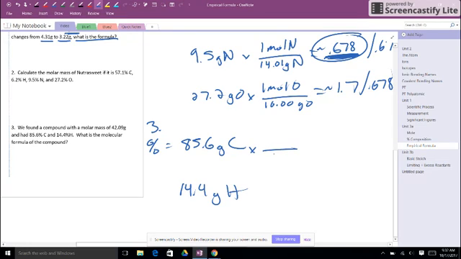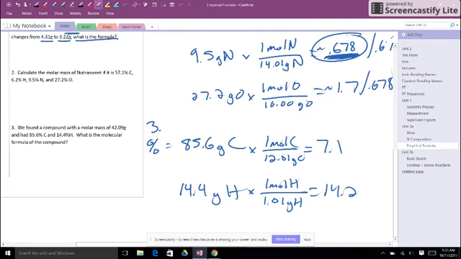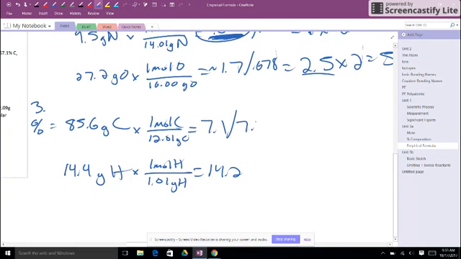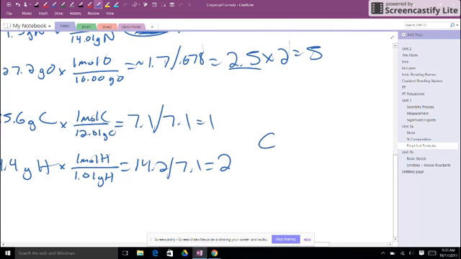Let's turn these into moles again. This is about 7.1, this is about 14.2. Let's divide by the least value in moles. This is going to be 1, this is going to be 2. So it looks like our empirical formula is CH2.